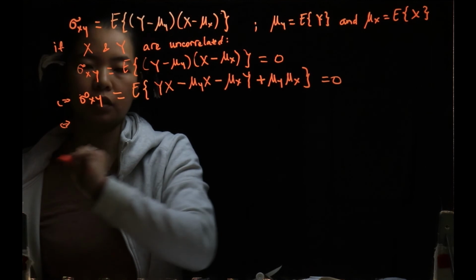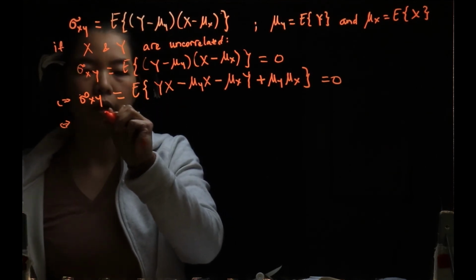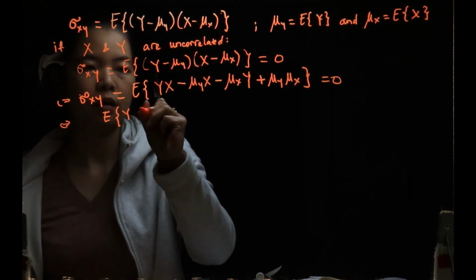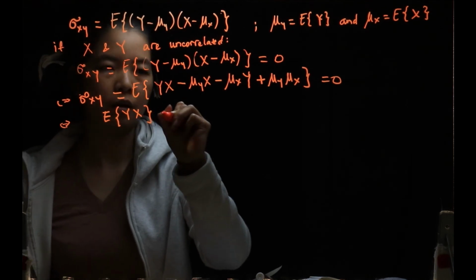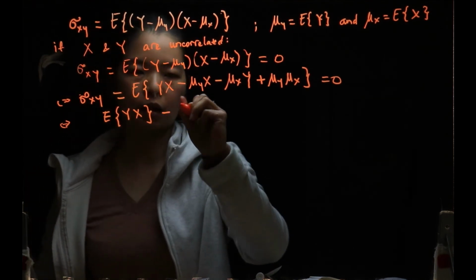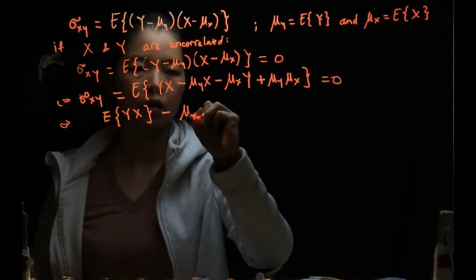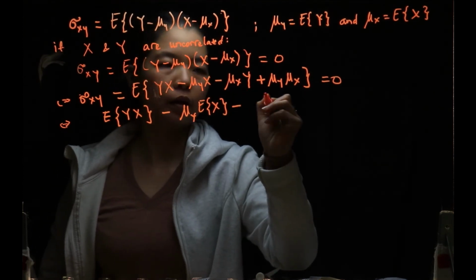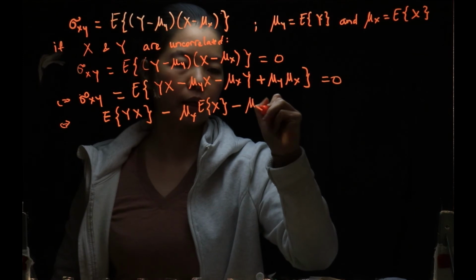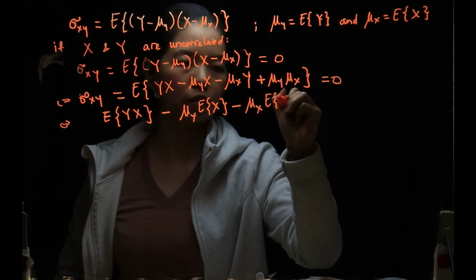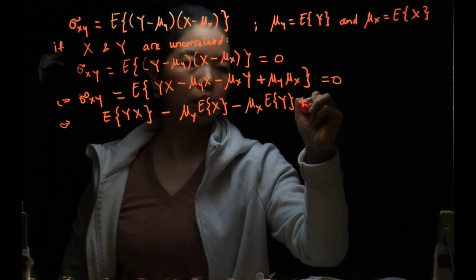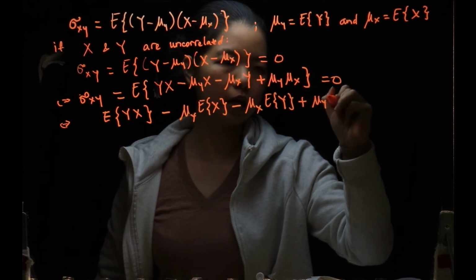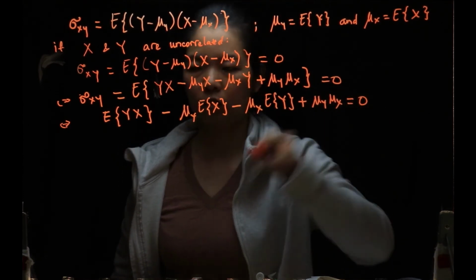Now I get rid of the sigma. So the expectation operator for a linear function means that we have the expectation of y times x, minus, because mu y is a constant, we can pull it out and take the expectation of x only. And then similarly here, pull mu x out and take the expectation of y itself. Because both mu are constants, there is no need for expectation over there, equals 0, right?